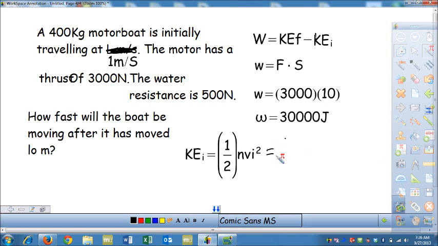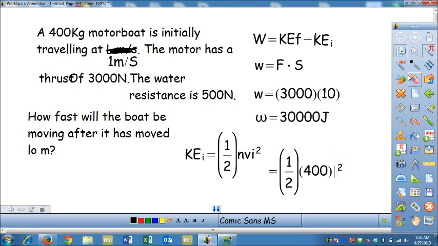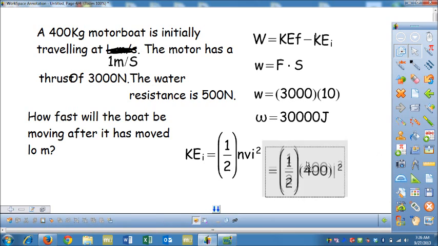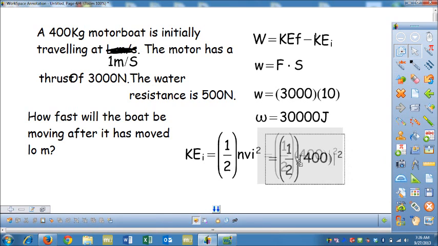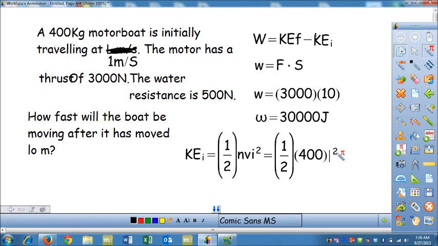So that's equal to 1/2 times 400 times 1 squared, which should be equal to 200 joules. So that's our kinetic energy initial.